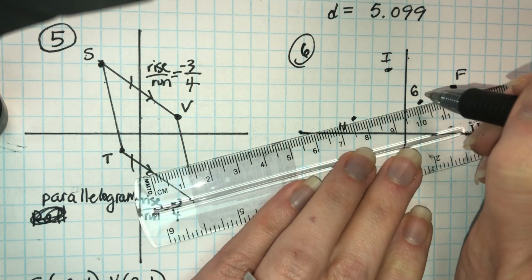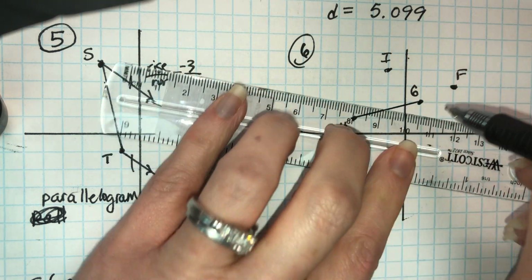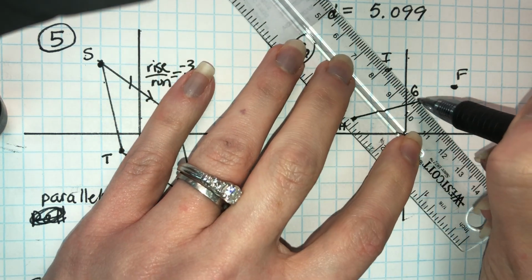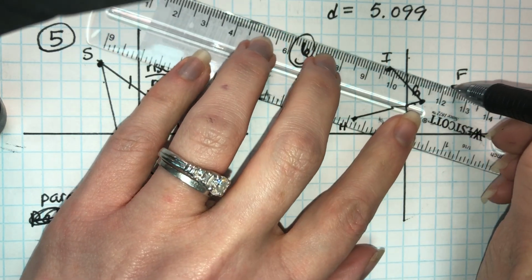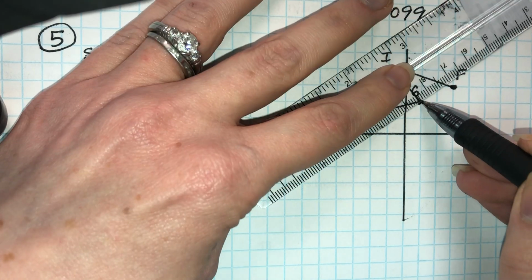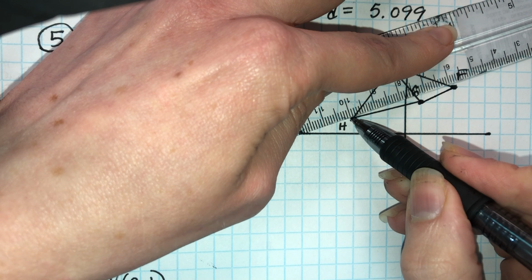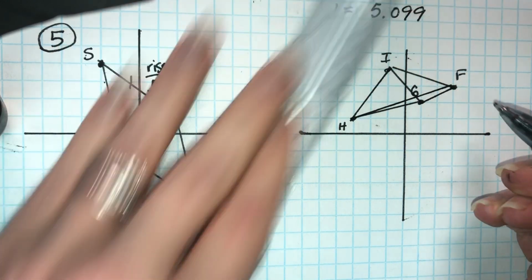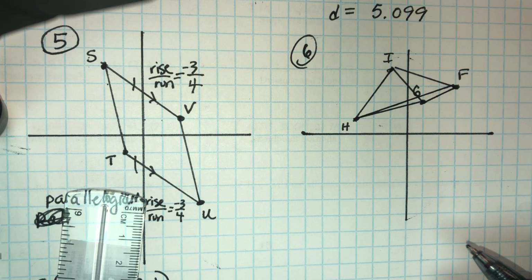All right. So how are we going to know if this is a parallelogram or not? Well, we're going to connect the points, and we're going to connect the diagonals. The diagonals have to meet at their midpoints.